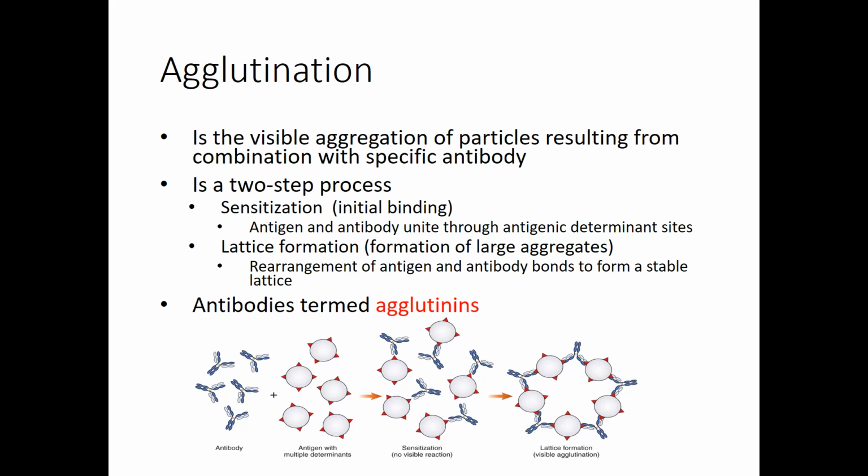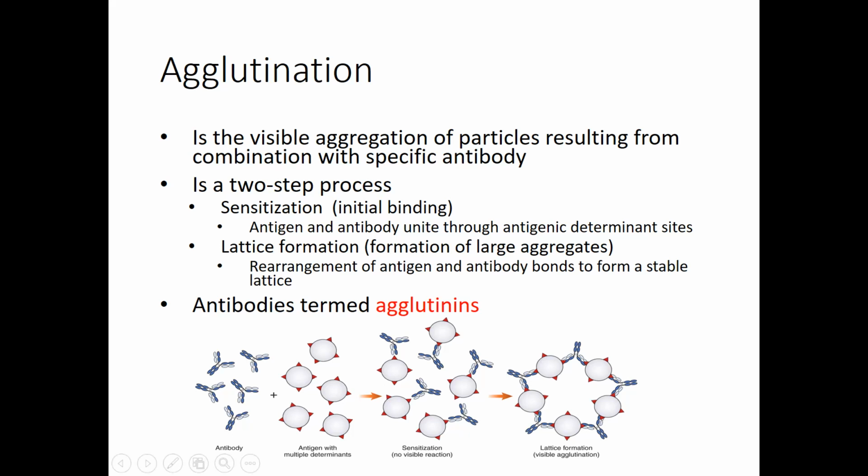This reaction, of course, can be visualized. The same 2 first steps that we see in precipitation happen. First is antibody binding to antigen, and that's sensitization. Is sensitization ever visible? N-O. No.